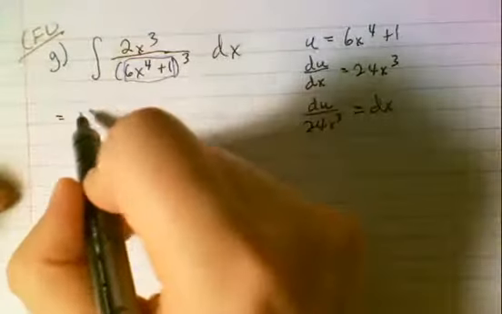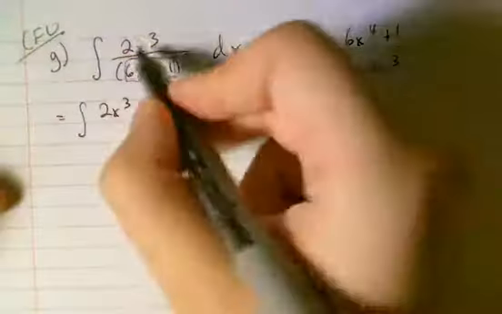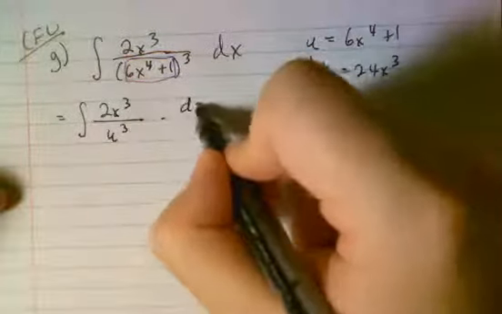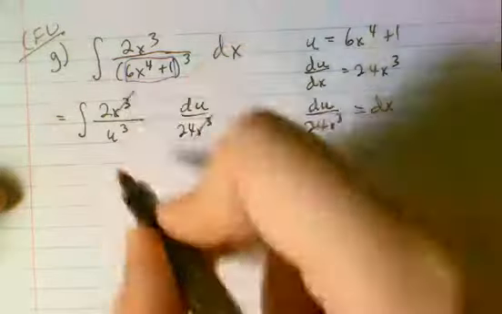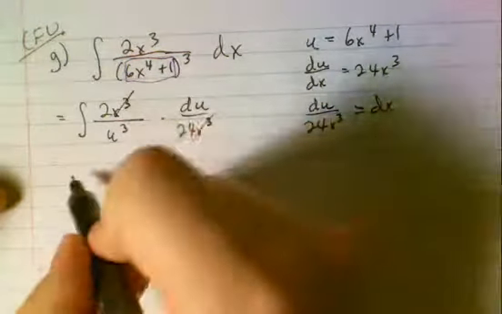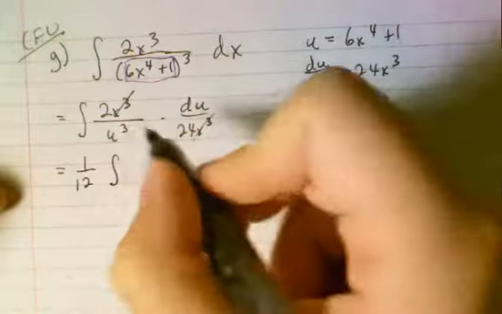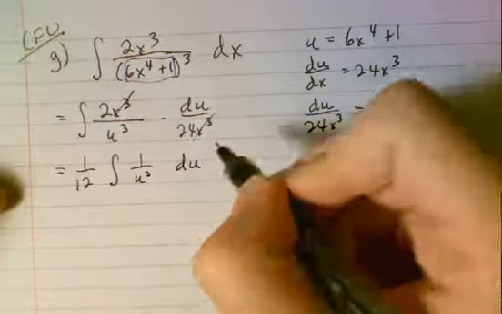So let's substitute that in. This is good because this x cubed and this x cubed will cancel out. Okay, so those go away. 2 divided by 24 is 1/12. So now we've got 1 over u to the 3rd du.